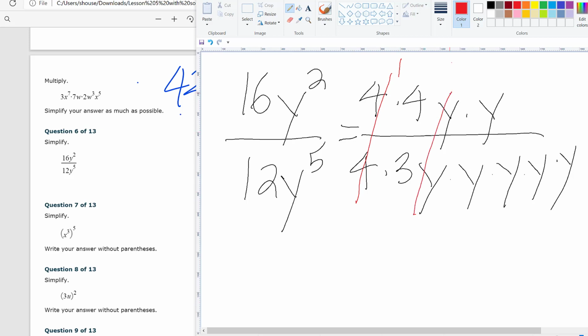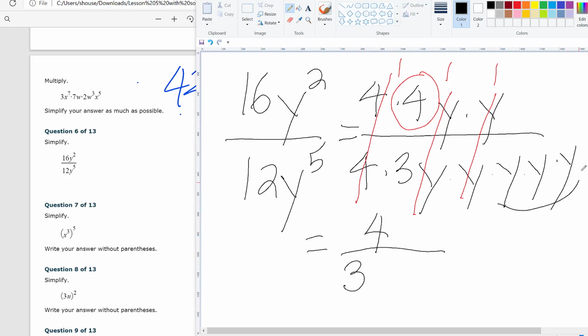Y goes into Y one time. Y goes into Y one time. So all that's left in the top is a 4. But on the bottom, there's a 3, and 3 y's multiplied together would be y cubed.